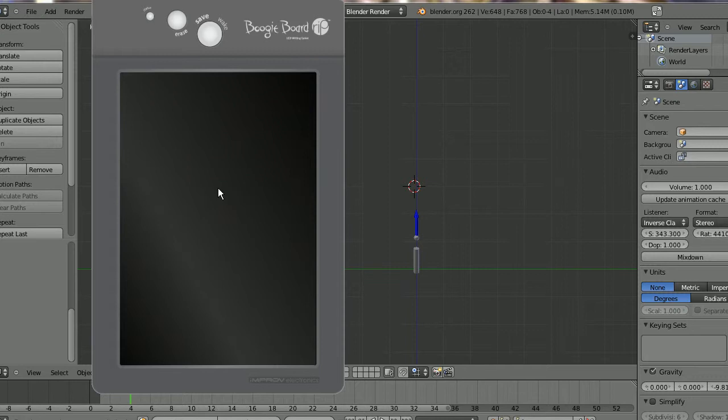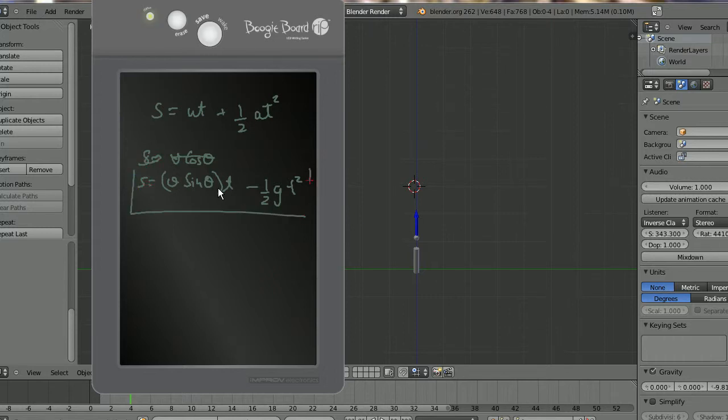So our displacement equation, s is equal to ut plus half at square, becomes s is equal to v sin theta, forgive me, v sin theta into time minus half g t square. This is the general equation for vertical displacement.